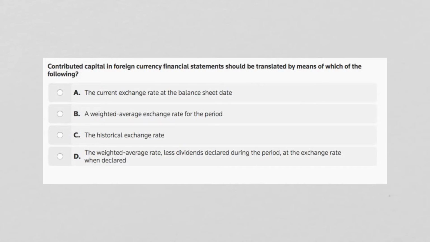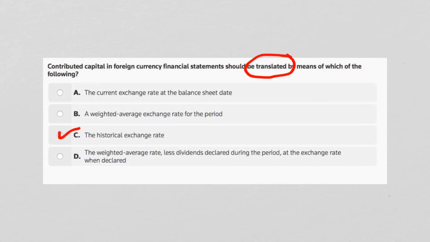And I'll be back in about 30 to 40 seconds. Okay, when we talked about translation or remeasurement, and this word may not be exact, it might just mean terms of whether you use translation method or remeasurement method, but in either case we learned that it is C, the historical exchange rate for items in the equity section other than retained earnings.